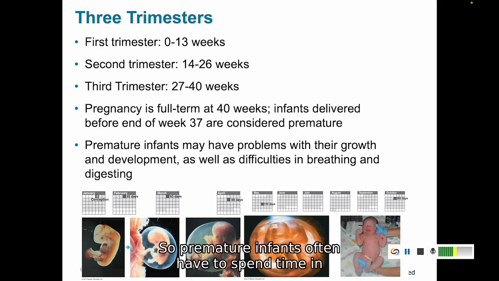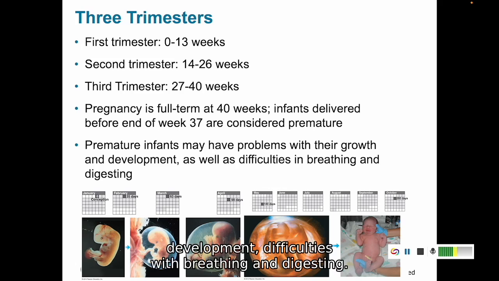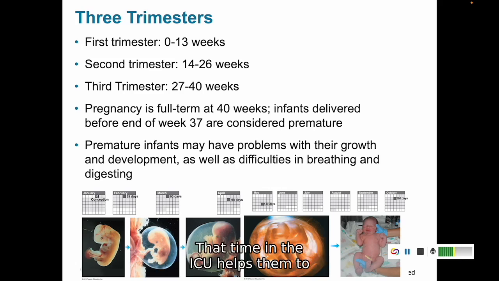So premature infants often have to spend time in the NICU, the neonatal ICU, to help develop them. They may have problems with growth, development, difficulties with breathing and digesting. So that time in the ICU helps them to develop their bodies and get to a point where they're safe, although there may be developmental problems that follow them throughout life.